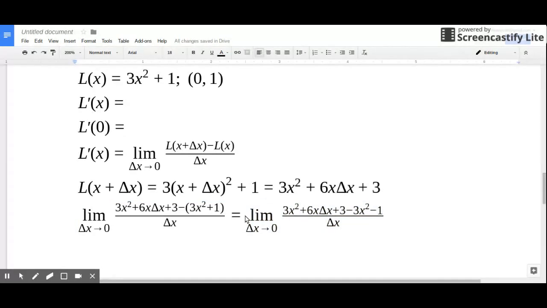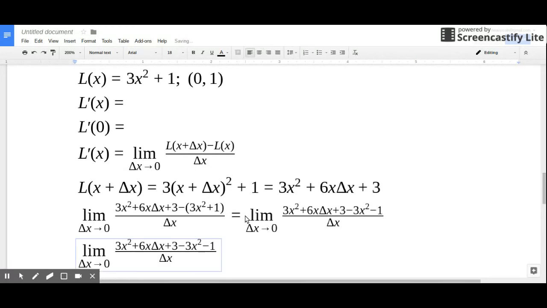We'll do that on the next line. And I guess I should write an equal sign right here, just showing you that this is equal to the previous line. Okay, so you see here we have a 3x squared and a minus 3x squared. And we know those are going to cancel out.